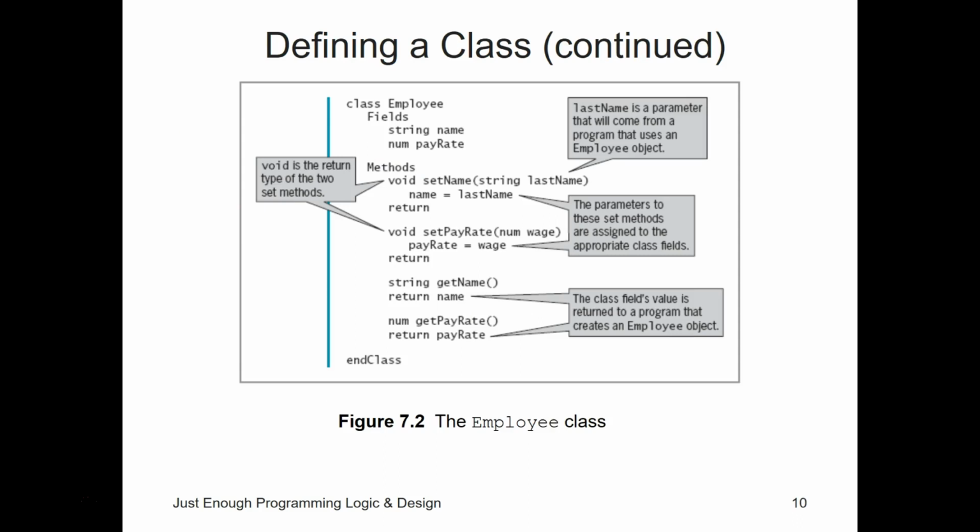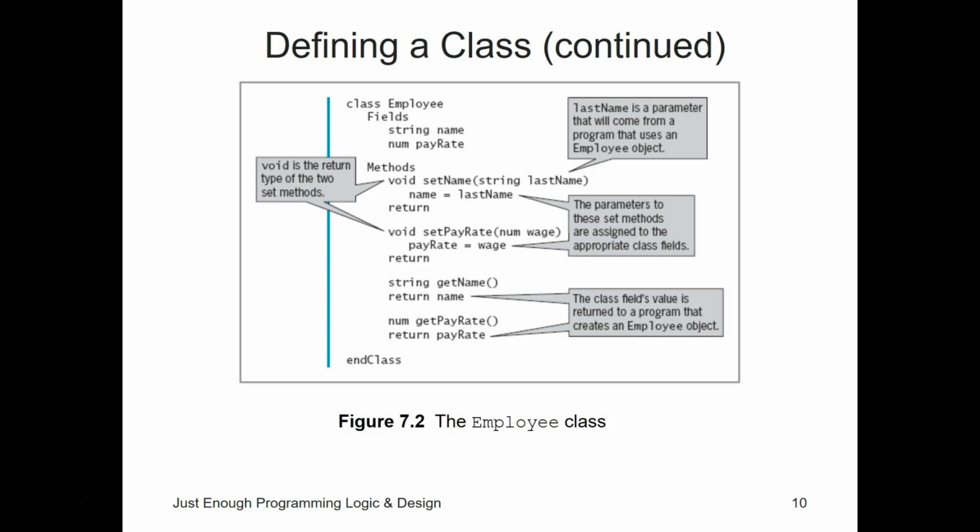So here we are defining something called a class employee. Up at the top, we simply say, hey, we're going to create a class called employee. Inside of that employee, we have a couple of fields, a name and a pay rate.